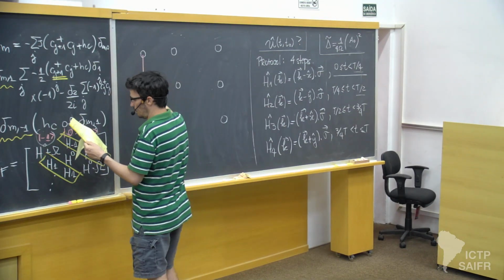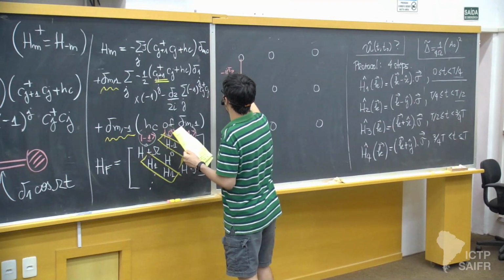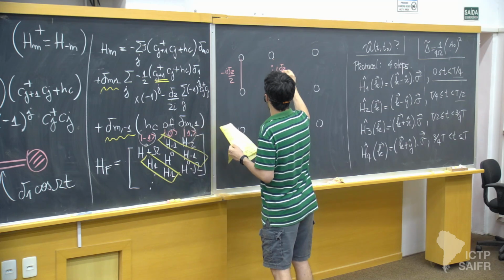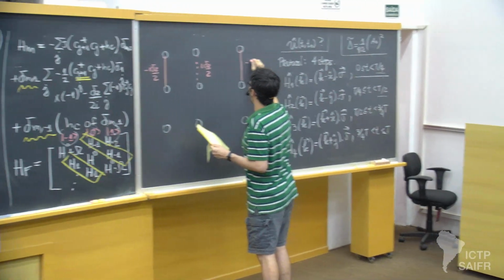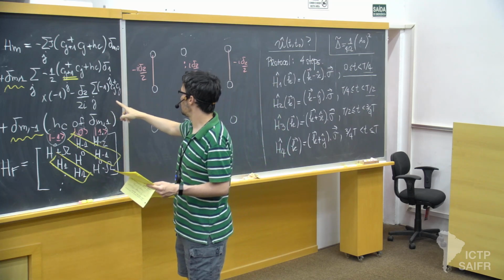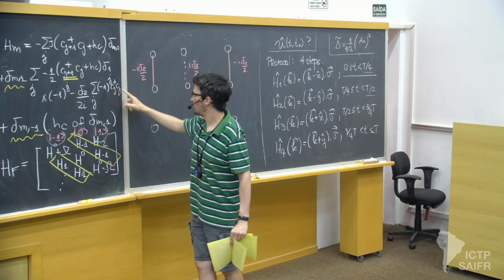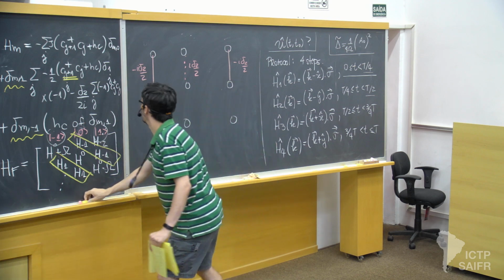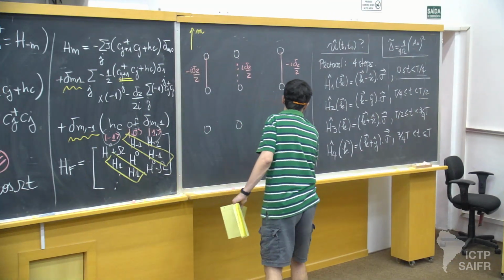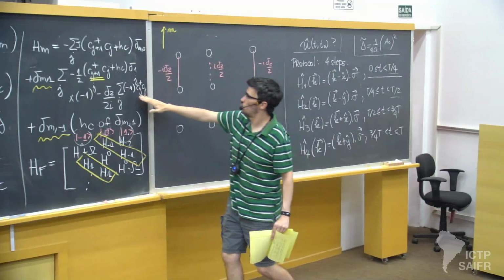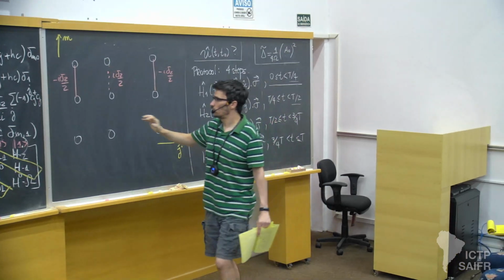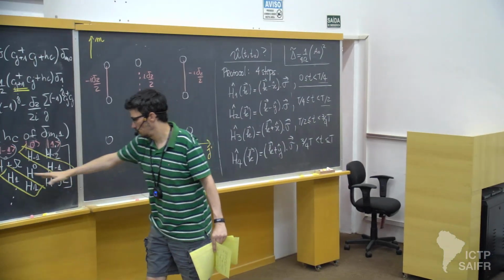This hopping is minus i delta over 2, while this one is i delta over 2, and this one is minus i delta over 2. So these are terms, if you look here, that are not going to change the J value. This is M, and this is J. So they do not change J, but they do change M by 1 unit. So it's really a hopping structure.